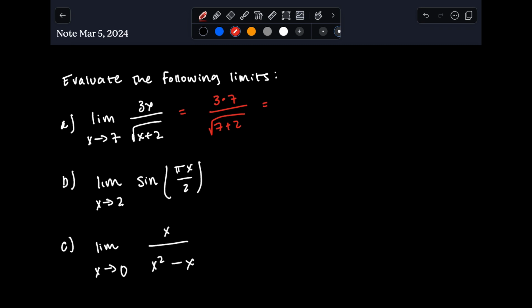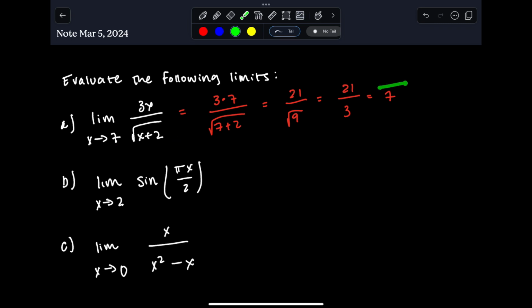Now, 3 times 7 is just 21, and 7 plus 2 is 9. Simplifying this further, we have 21 divided by the square root of 9, which is just 3, which condenses down to 7. And therefore, the limit of this expression as x approaches 7 is 7.